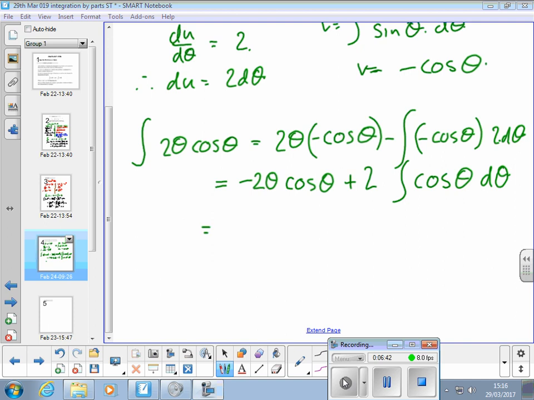So that equals minus 2 theta cos theta plus, and then if we integrate cos theta, what do we get? That's 2 sine theta.